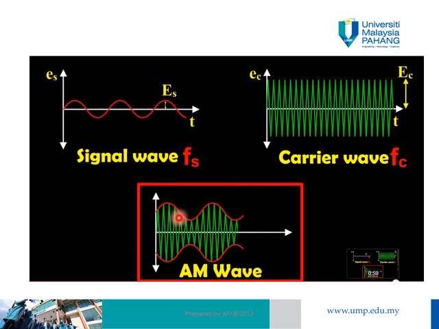We can see here the envelope of the signal. Actually, the signal is the green one here, and the red line is an imaginary line to show that it is in the form of an envelope.